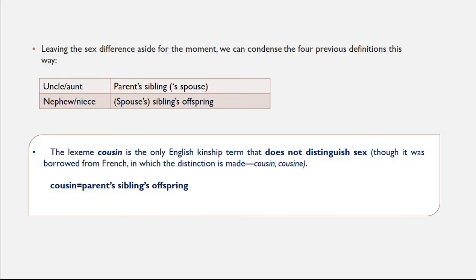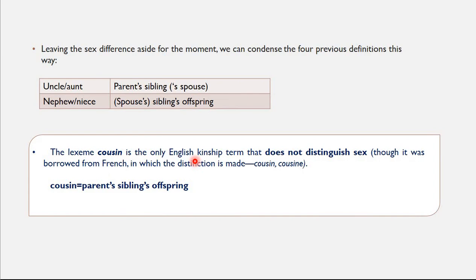And leaving the sex difference aside for the moment, we can condense the four previous definitions this way. Like uncle, aunt: parents' siblings or their spouses. Nephew and niece: siblings' offspring or their spouses. The lexeme cousin is the only English kinship term that does not distinguish sex.